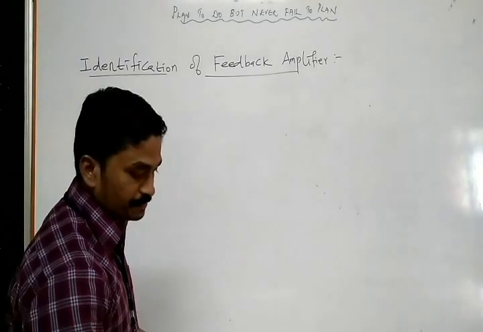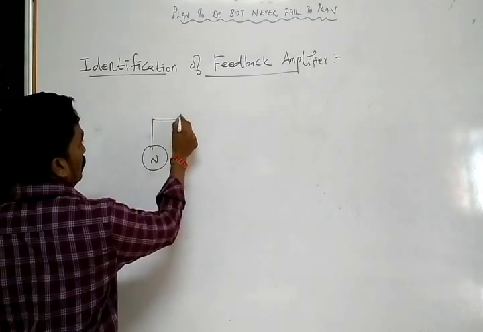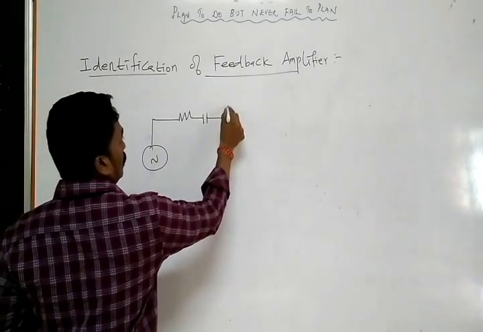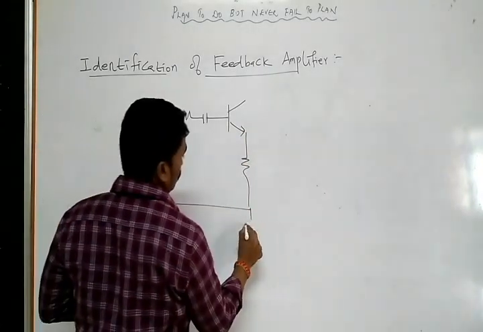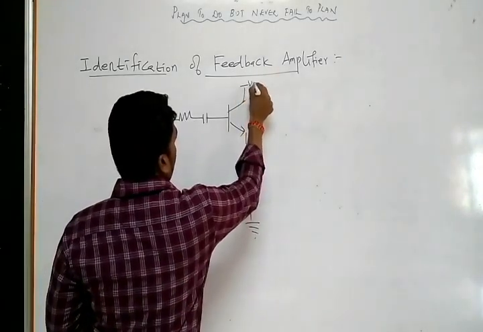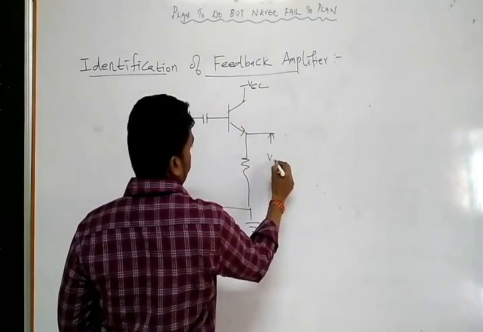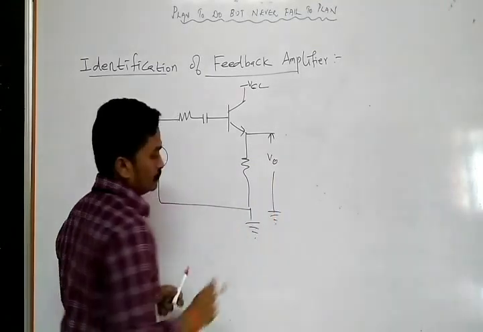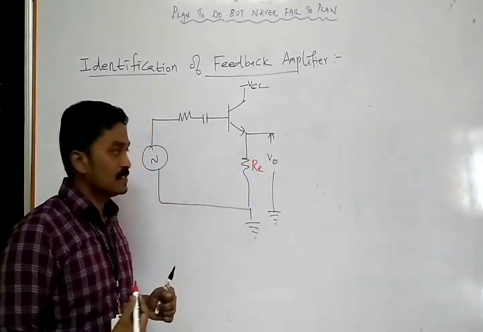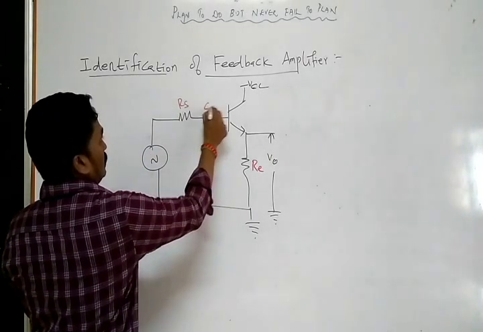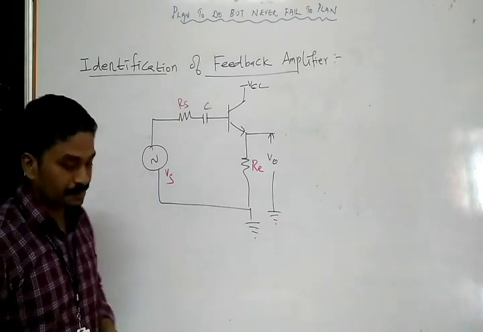Let's take one circuit. This is RE, the emitter resistance, this is RS and the coupling capacitor, and this is your VS, the source voltage.